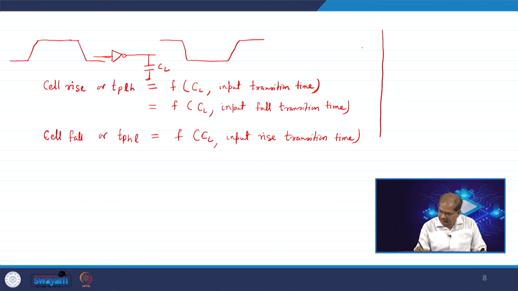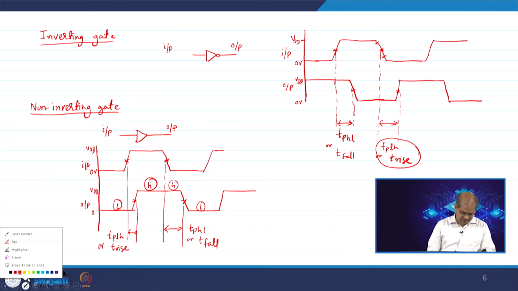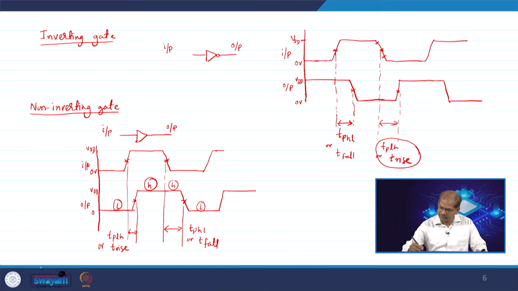I can go back to the figure here. If you can see, your T rise will depend upon the fall transition time. I can draw it in a different color. So, it will depend upon this fall transition time.